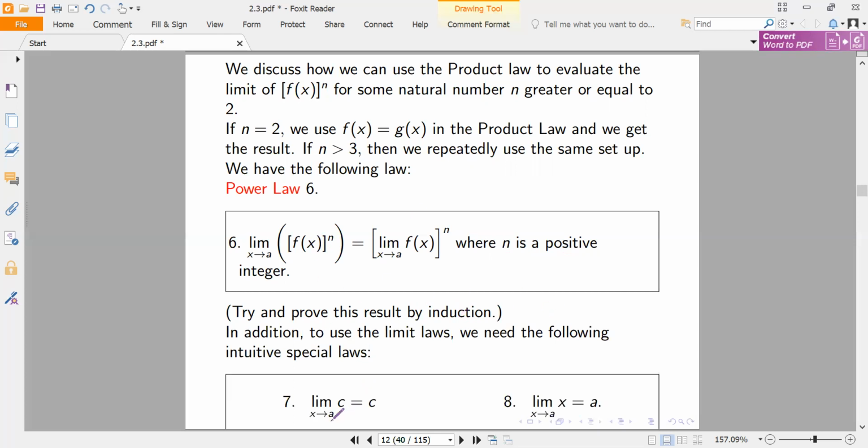In addition to these laws, suppose c is a constant, meaning our f of x is a constant. So the limit of a constant is still a constant, which makes sense because we want to see how y behaves when x is approaching a. So y is equal to c. This is just a constant function. So even if a is here, with x approaching a from the left and from the right, y will just be constant.